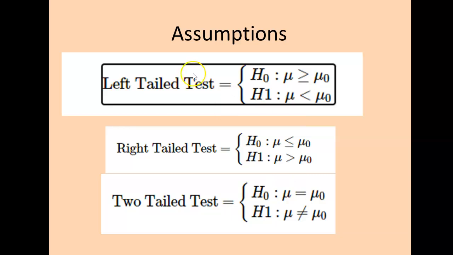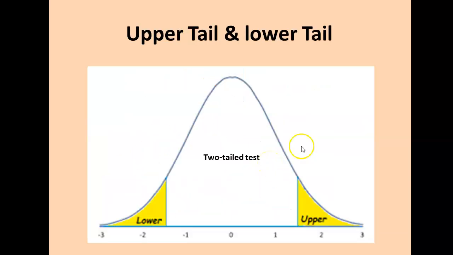To make it easier to understand, you can see the graph here. This is the graph of hypothesis testing. The lower tail test, or left tail test, is similar. We choose the lower tail test if our number, based on our calculation for hypothesis testing, is less than the assumption. But if the number is more than the assumption, you choose the upper tail test, or right tail test.